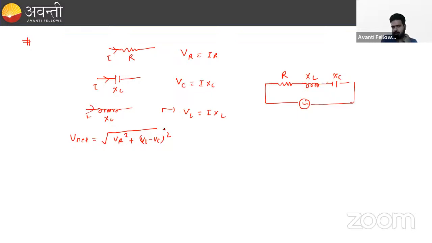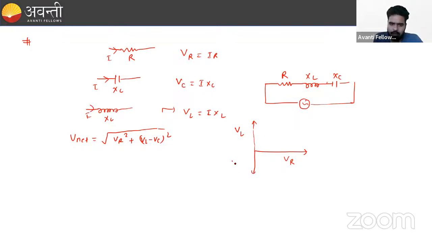That is similar to the impedance triangle. We can write this as our horizontal or real axis. On this axis, we can represent VR, because we know that voltage and current are in the same phase in a pure resistive circuit, and we know the voltage across the inductor leads the current by 90 degrees.